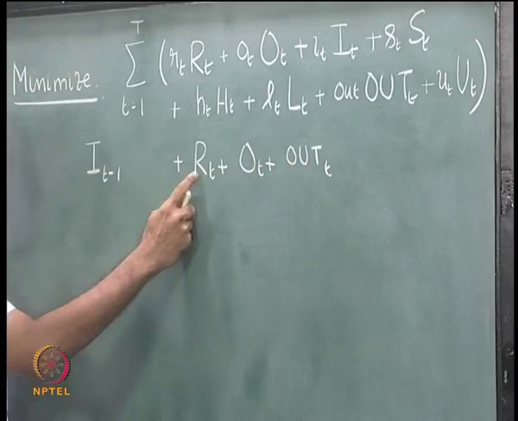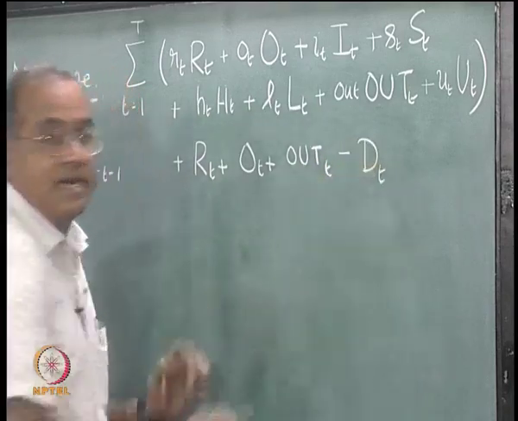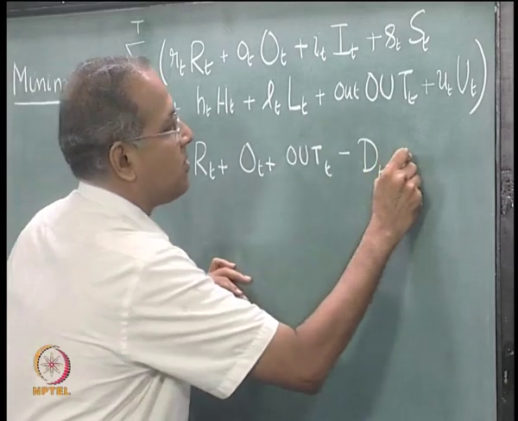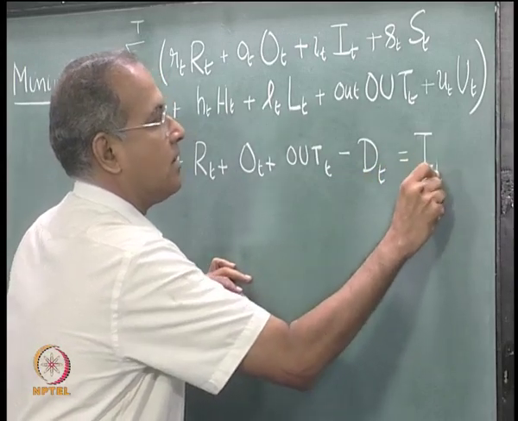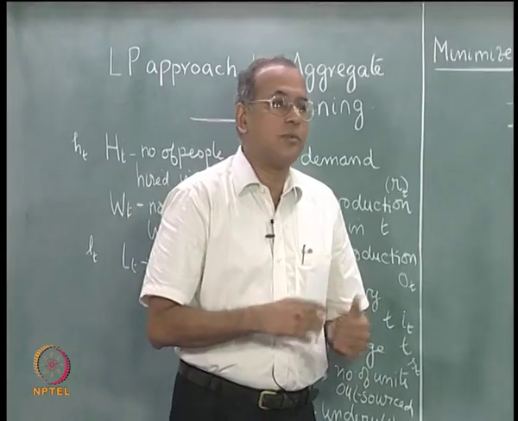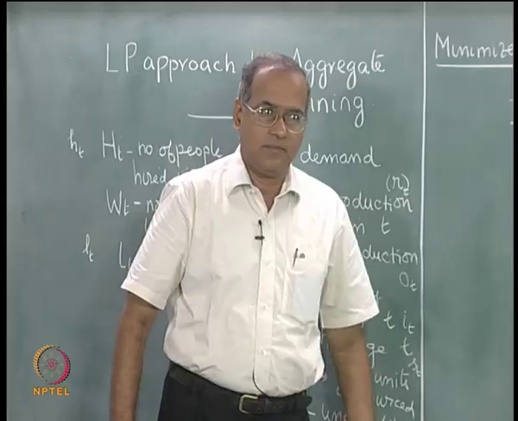Beginning inventory plus production less demand dt should be equal to the ending inventory. So, should be equal to IT. So, this is the typical balance equation, but the beginning inventory can also be negative if there is a shortage at the end of the earlier period.